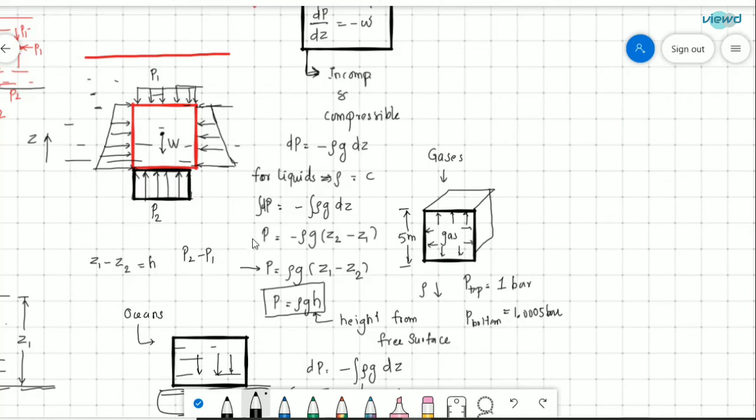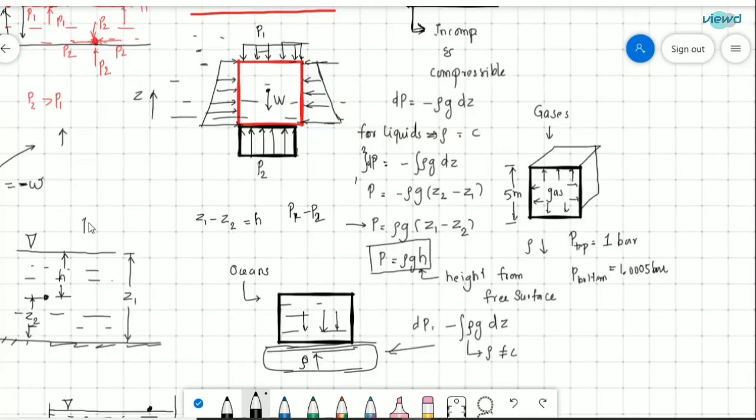P2 minus P1, integral 1 to 2. Here the pressure is P1 and here the pressure is P2. So here, it is P2 minus P1 only. But if we see here, this P1 will be the atmospheric pressure and the P2 will be the actual pressure.